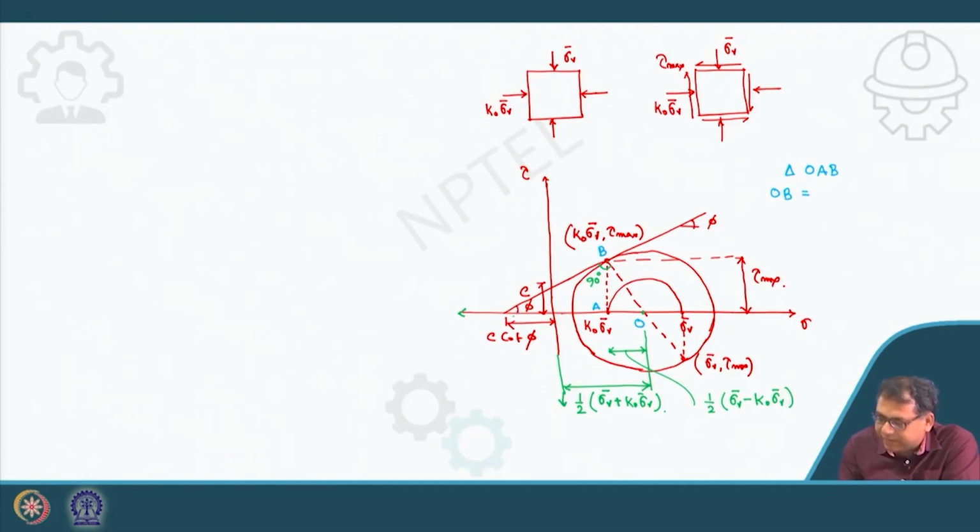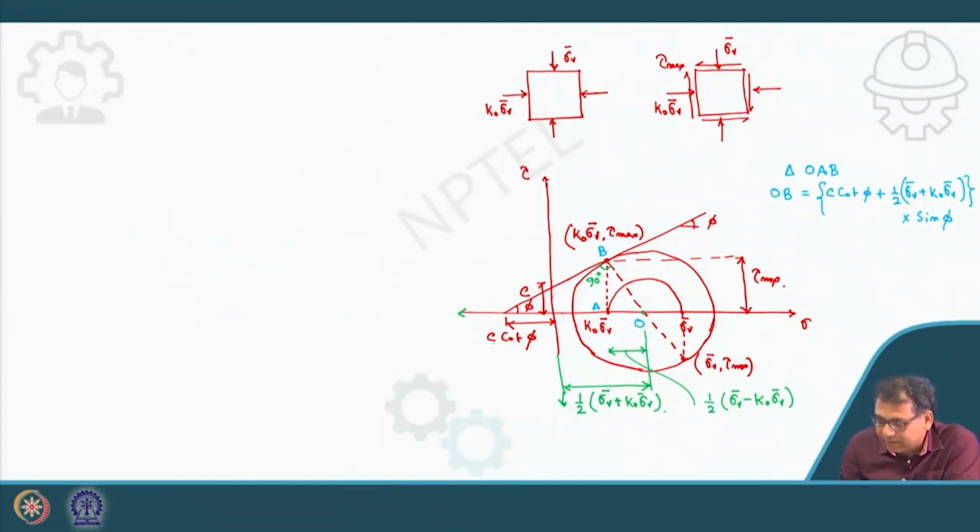This is your phi. So the OB value will be, I can write, C cot phi plus half sigma v bar plus k0 sigma v bar, that total into sin phi, isn't it? Because this is 90 degrees.